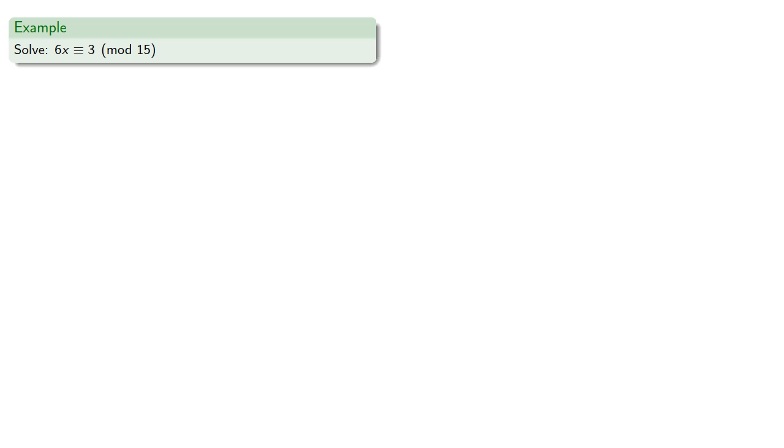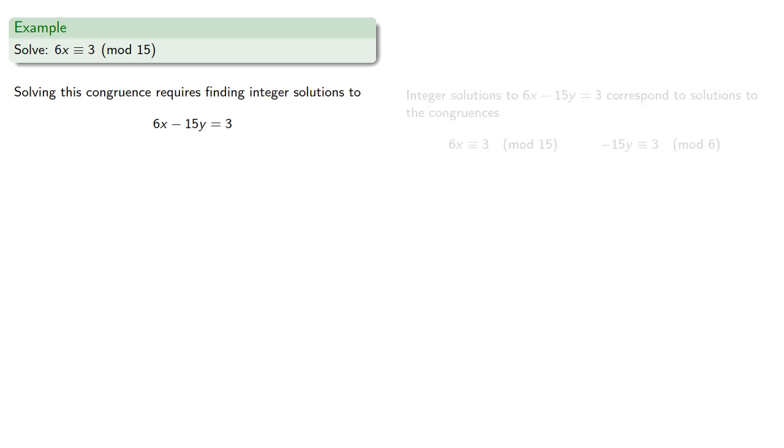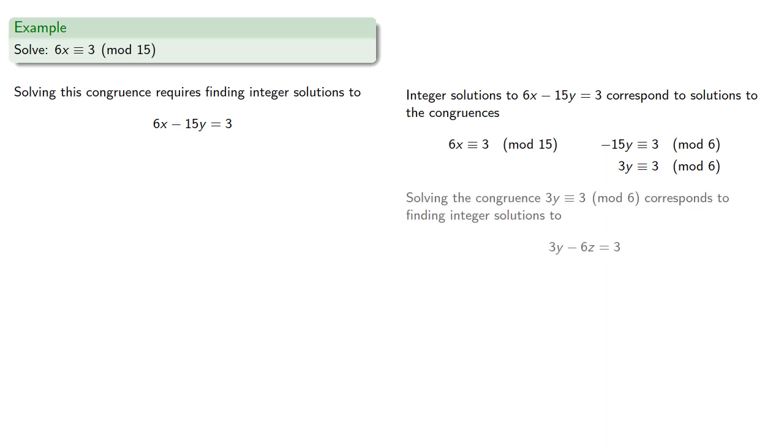So let's consider the congruence 6x congruent to 3 mod 15. Again, solving this congruence requires finding integer solutions to 6x minus 15y equals 3. Integer solutions to this equation correspond to solutions to the congruences. And again, the first congruence is the same, the second congruence is simpler. Solving that second congruence corresponds to finding integer solutions to another equation.